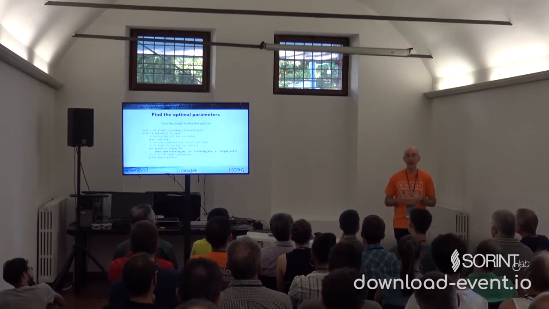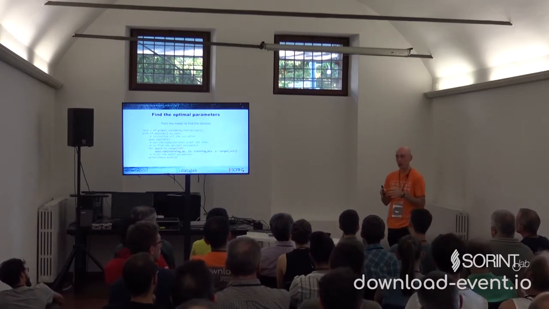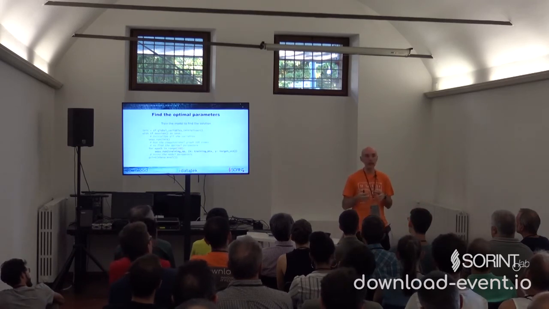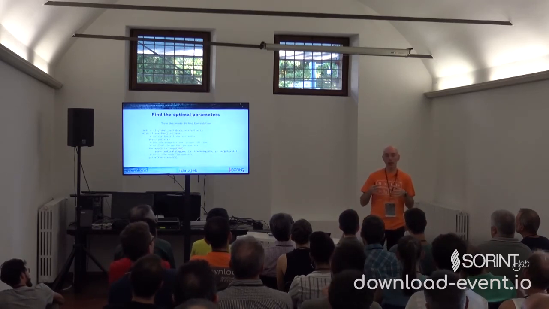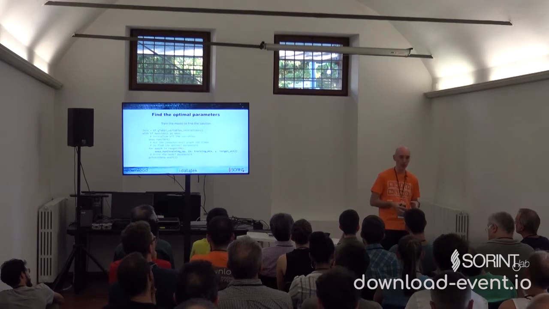As I said at the beginning, TensorFlow is very well suited for deep learning, and the reason is because it is able to run your numerical computations on graphical processing units.